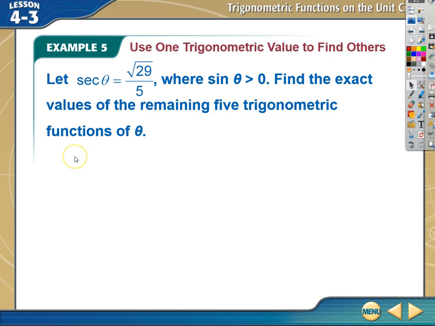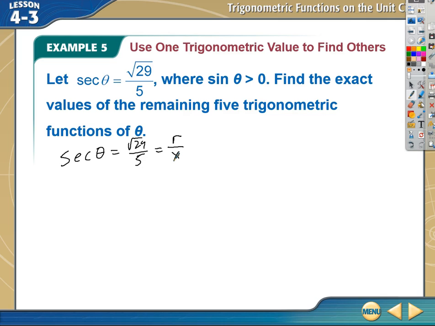Well, go back up to the very beginning. Secant of theta is equal to, let's start off here, square root of 29 over 5, which is then equal to, well, secant is the reciprocal of cosine. So this is equal to r over x. Again, just look at the table at the very top with all this stuff in it, r over x.